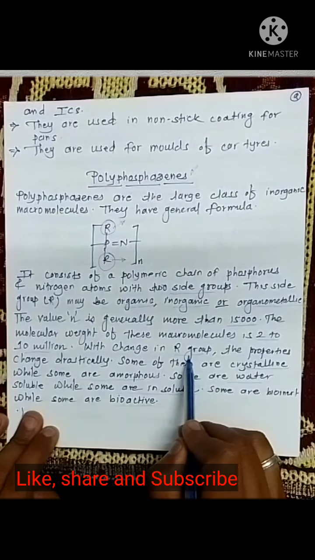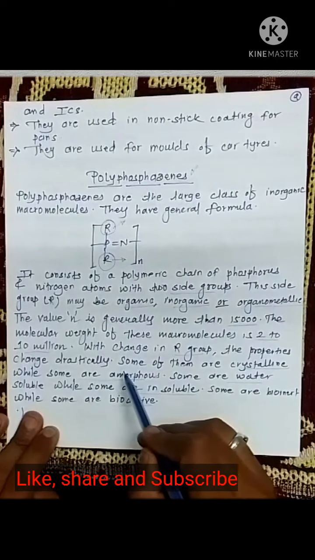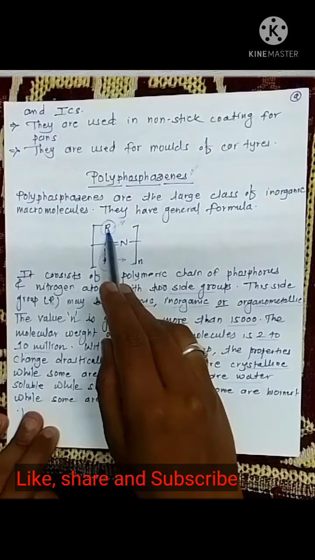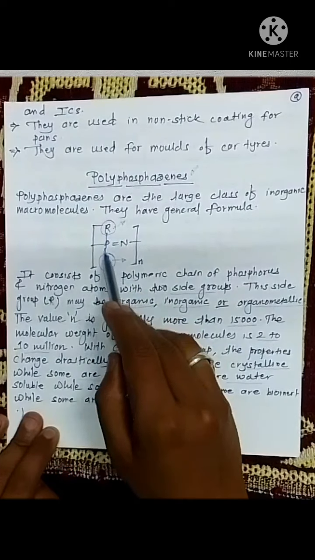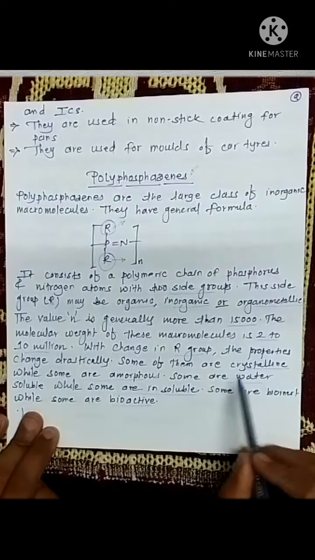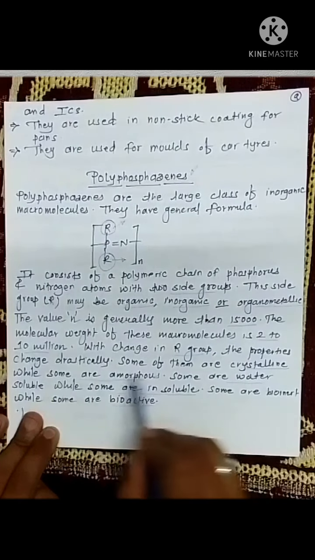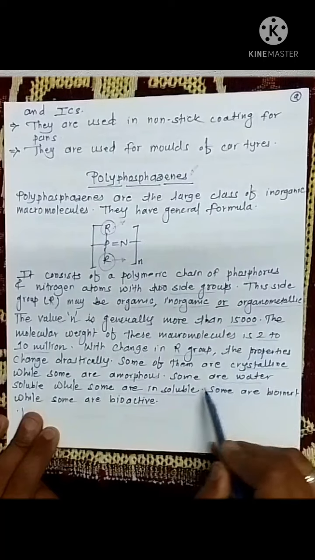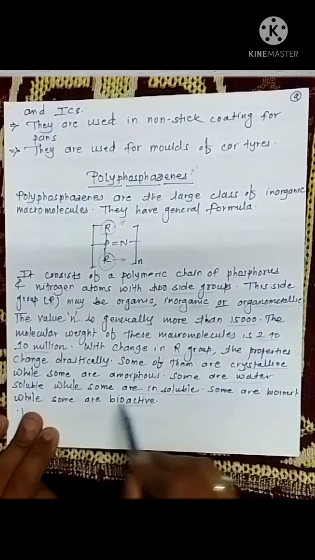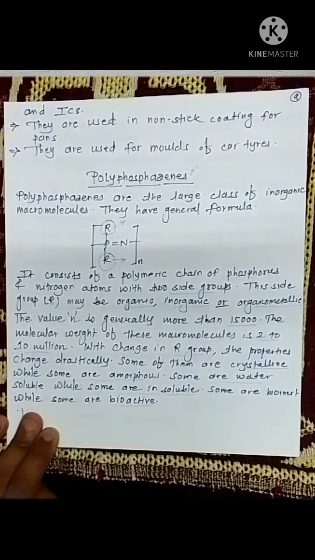With the change in R group, the properties change drastically, because the R group basically decides the properties of your polyphosphazine. Some of them are crystalline, while some are amorphous. Some are water soluble, while some are water insoluble.